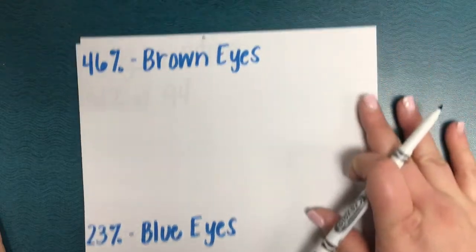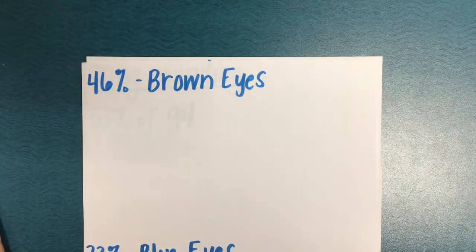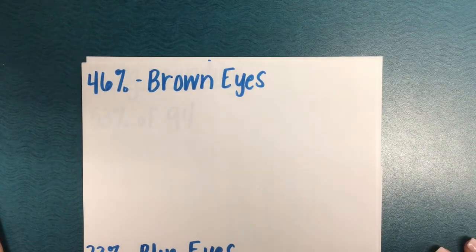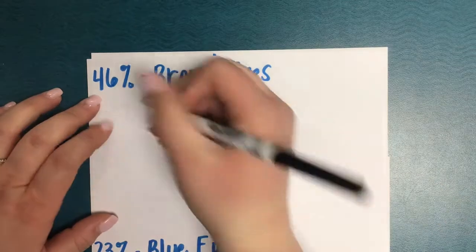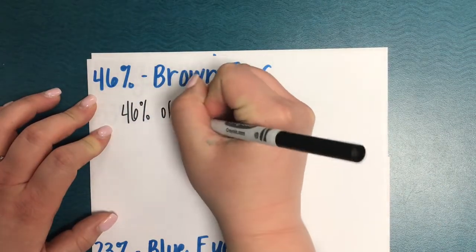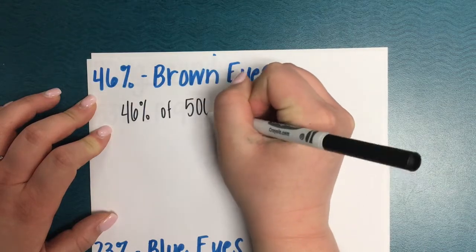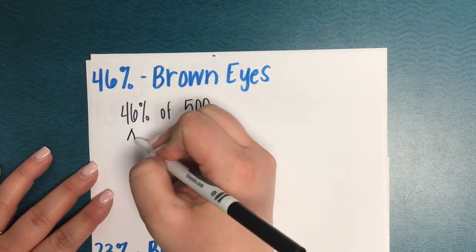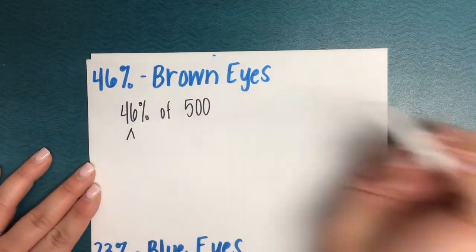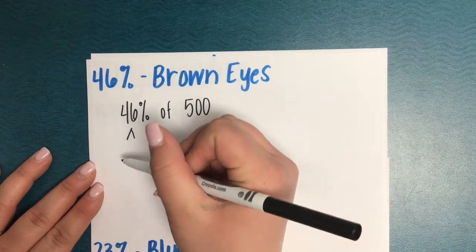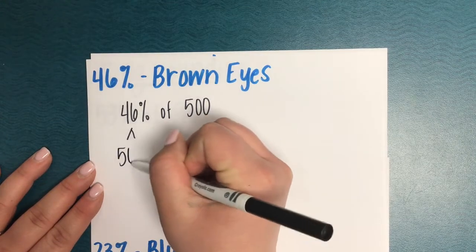So we are going to estimate 46% of 500, sorry, not 100. So we know that 46% is closest to what number? 46% is closest to 50.